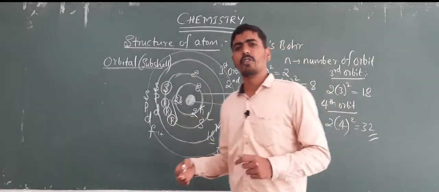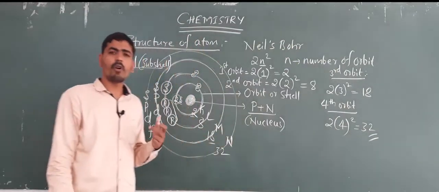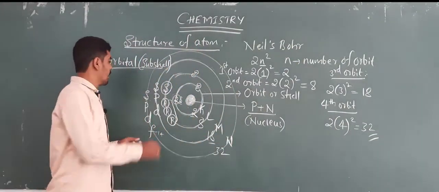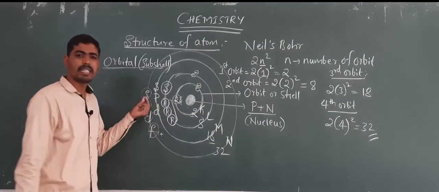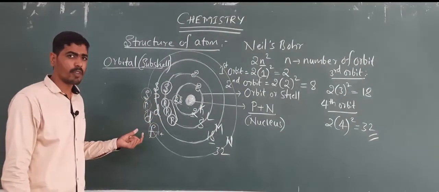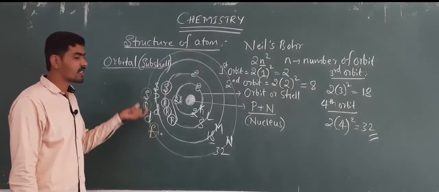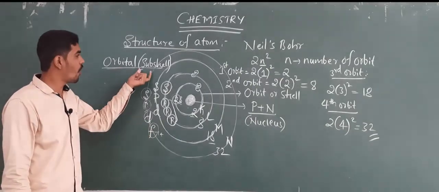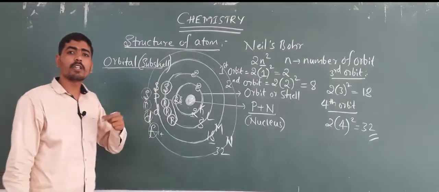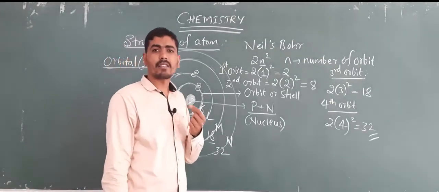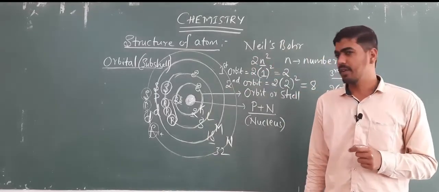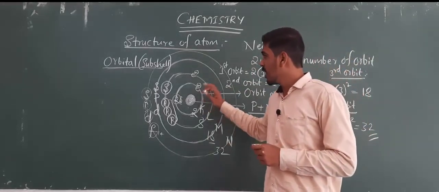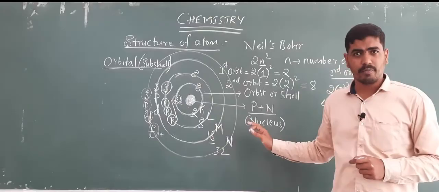There is no need to remember those things. If you want, you can remember. At least you have to remember these alphabets s, p, d and f. What are these things? These are said to be orbitals or subshells, where you can have the maximum probability of finding the electrons. Okay, so this is about the structure of the atom.